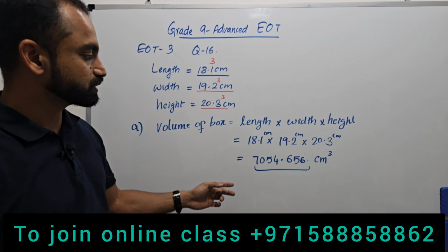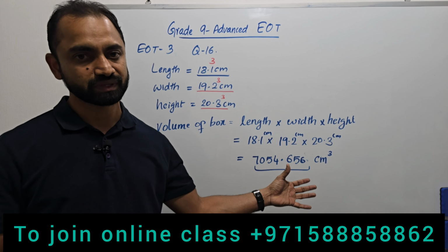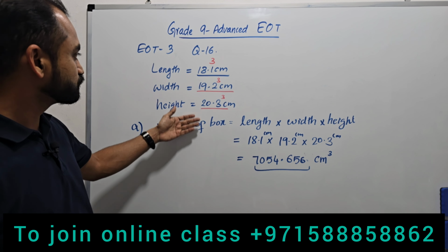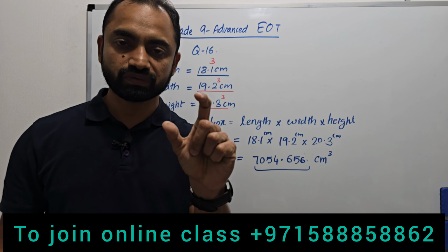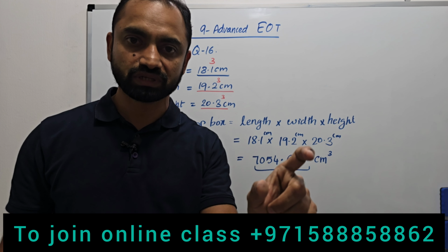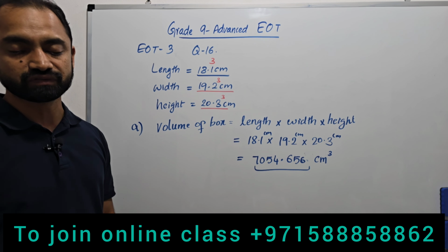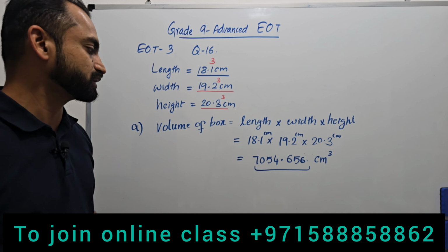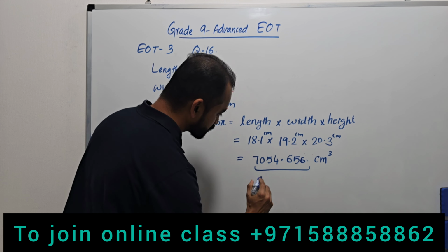Here in our answer, how many significant figures? There are 7 significant figures. That is not correct, because in the given values there are only 3 significant figures. So we have to round the answer to 3 significant figures.